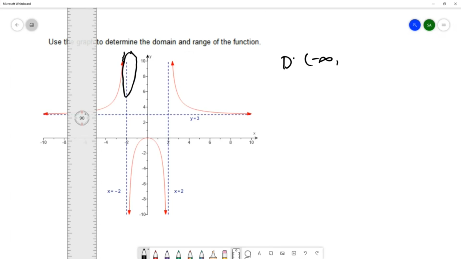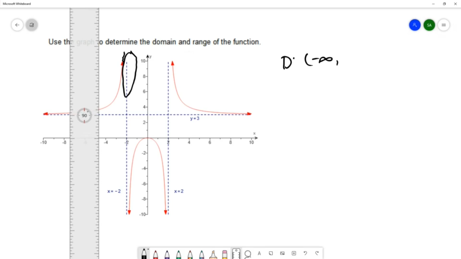My graph does not have an ordered pair with an x value of -2. That vertical dashed line is right on -2, and there is no ordered pair on this graph that has an x value of -2. So I'm going to stop my domain at -2, and I'm going to put a parenthesis on -2 because -2 is not part of the graph and it's not part of the domain.